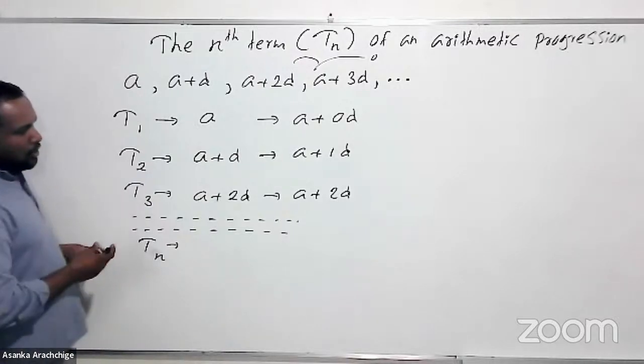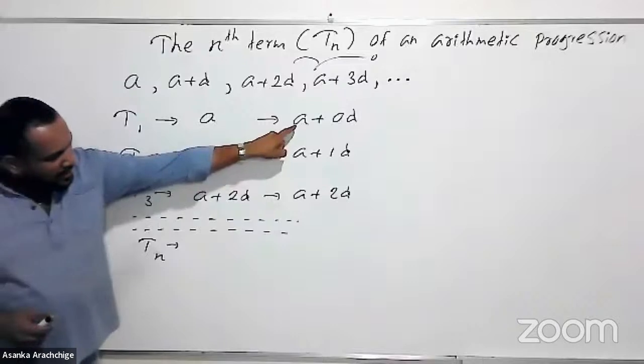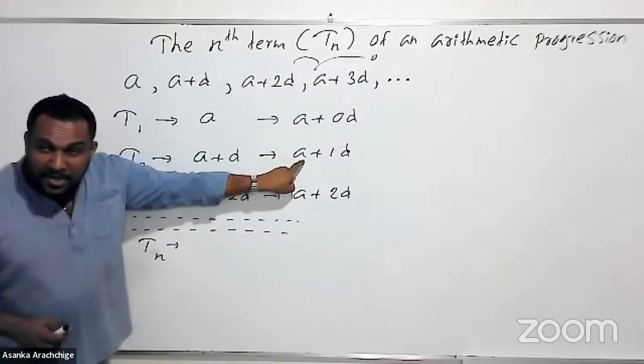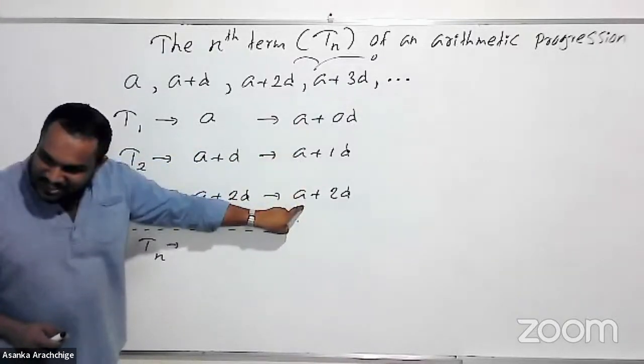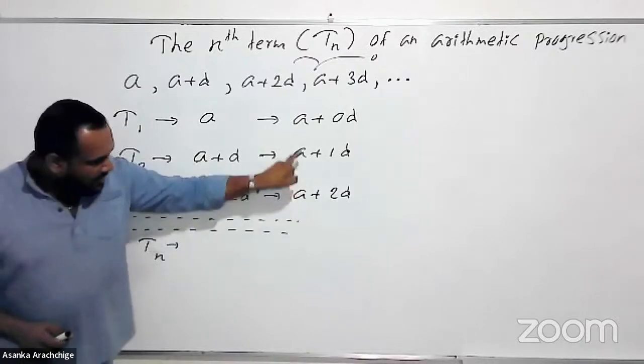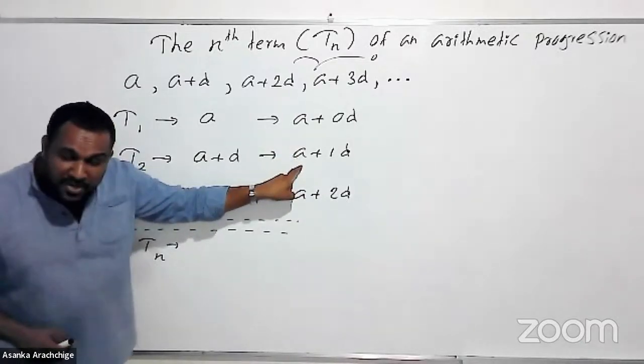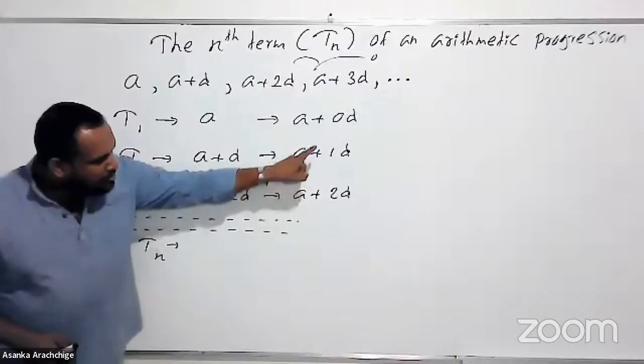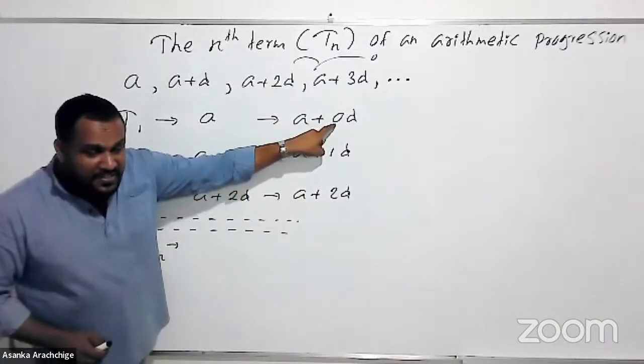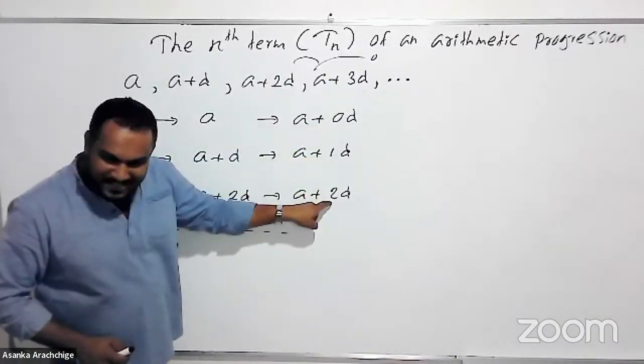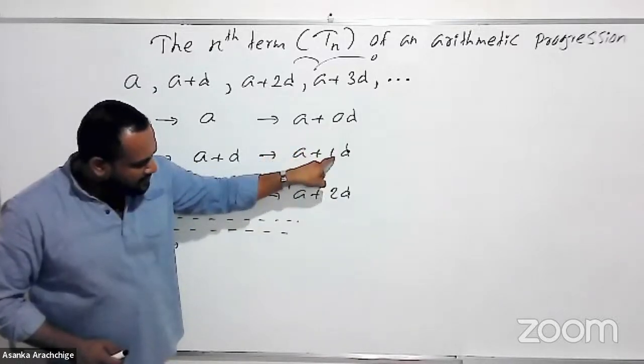Now, you can see in every term A occurs. A is available in every term in the pattern, but look, the coefficient of D changes and increases gradually.